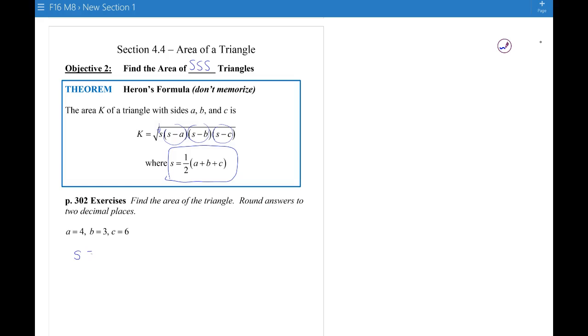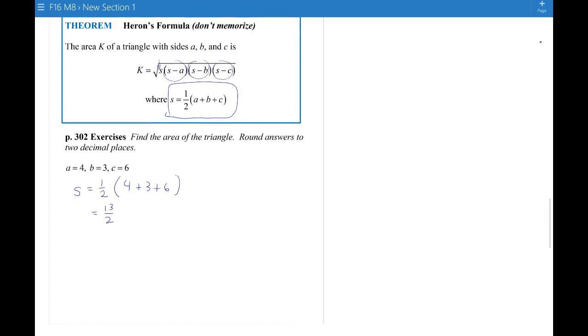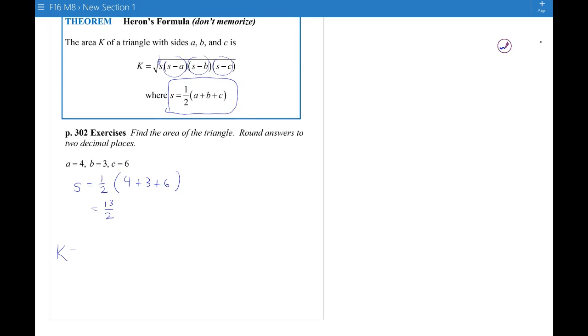And that is going to give you the area of this triangle. So let's first calculate the S for this example. I have 1/2 A plus B plus C. So S is 13/2. So then I know that the area is going to equal the square root of 13/2 times 13/2 minus 4 times 13/2 minus 3 times 13/2 minus 6, all under this square root.